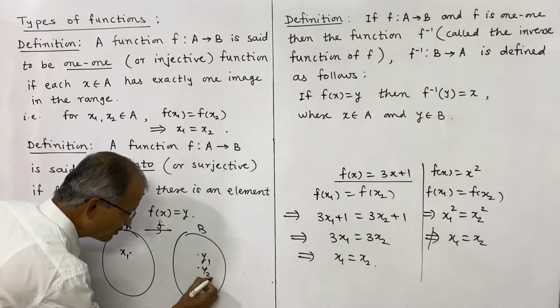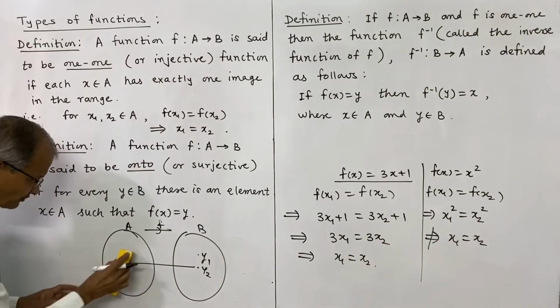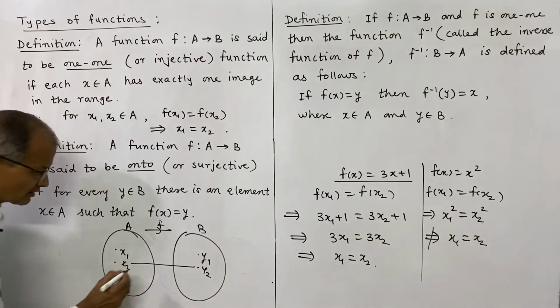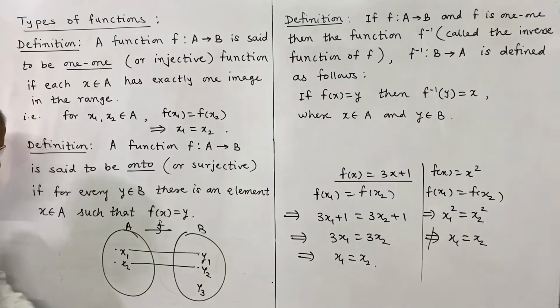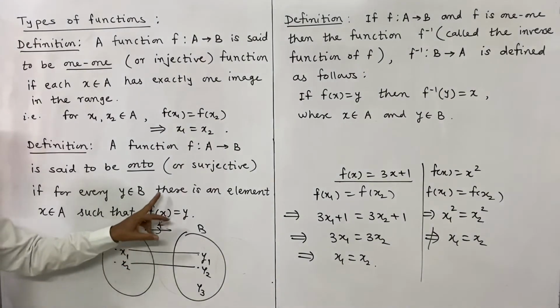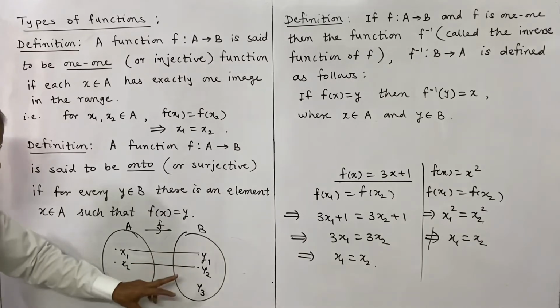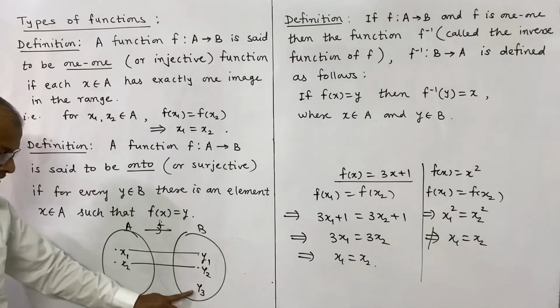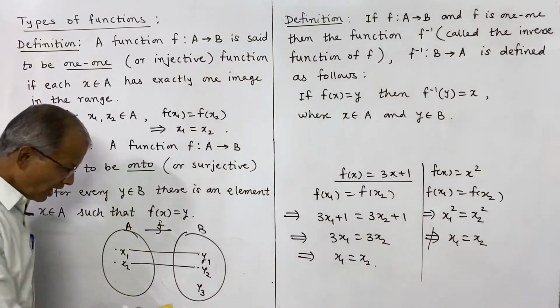If there is y2, then its inverse image may be considered as x2, and so on. But if there is some element y3 which doesn't have an inverse image in A, then that function will not be onto. It will be a function but not onto.